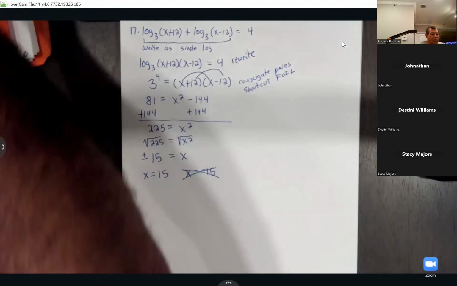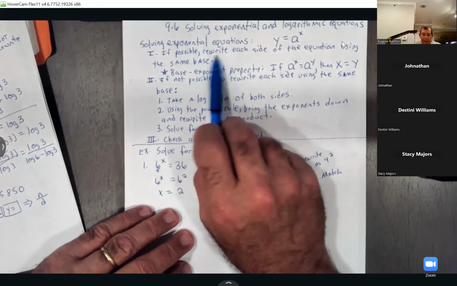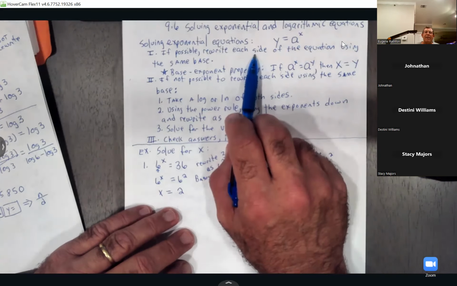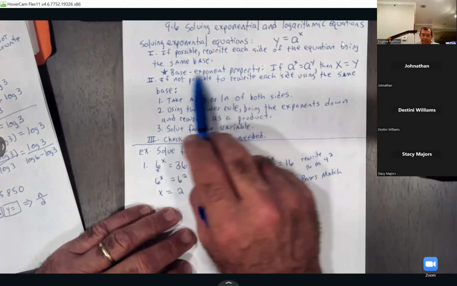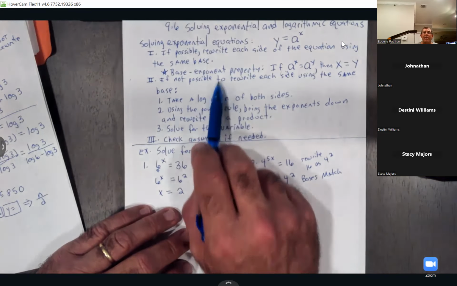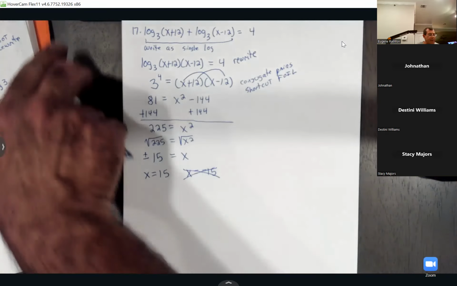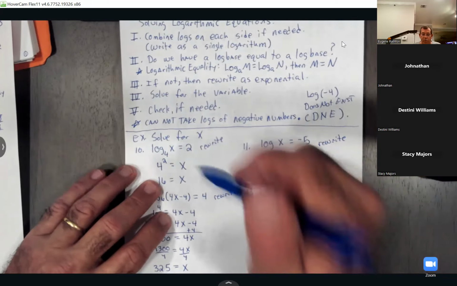So y'all, that's the trick on these. Just go through these little steps we had over here. First thing you're going to try to do is rewrite them if you can. Sometimes you can use the base exponent property and then go through those steps. When we hit these logs, we just went through the steps.